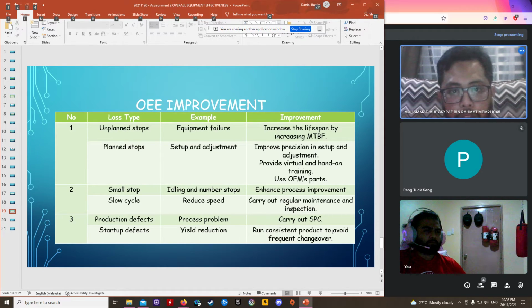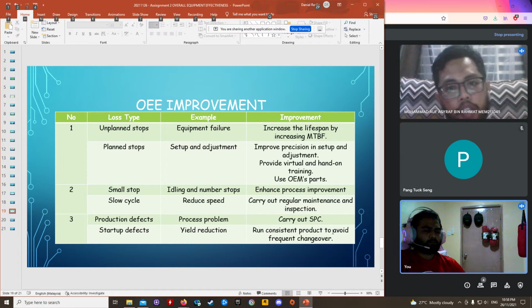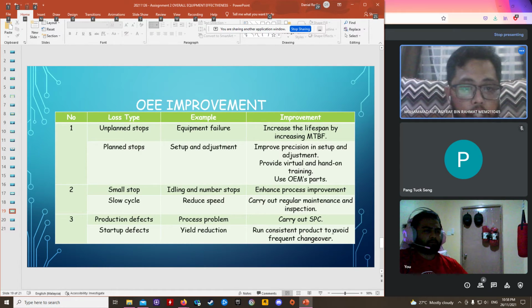If there is equipment failure, we can improve by increasing the lifespan, the MTBF, mean time between failures. Another is planned stop under the availability element, where we need to set up an adjustment of the machine, improve precision in setup and adjustment, provide virtual and enhanced training to our staff, and use original or OEM parts.